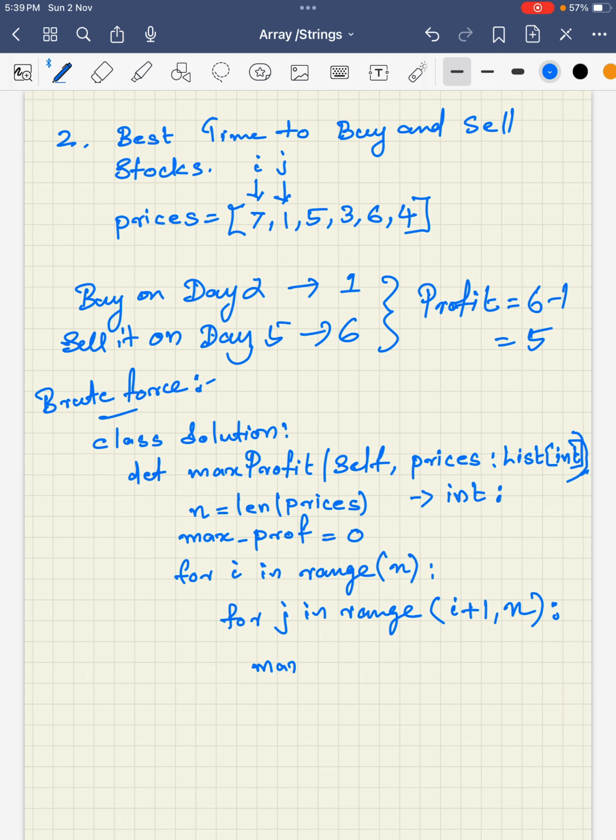And maximum profit should be updated as the maximum among the maximum profit and prices of j minus prices of i.